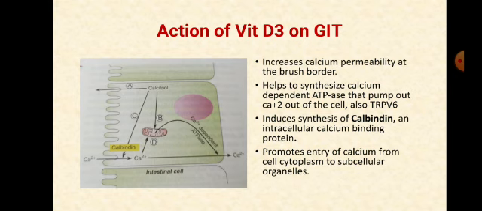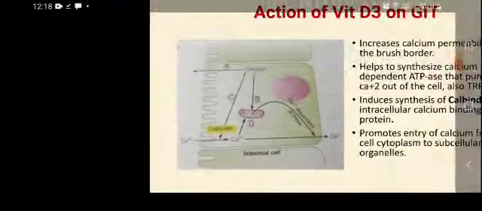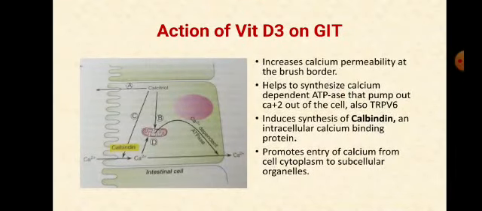In this diagram, different levels are marked where vitamin D3 exerts its action at the intestinal epithelial cells, marked as A, B, C, D. A is at the level of the brush border.